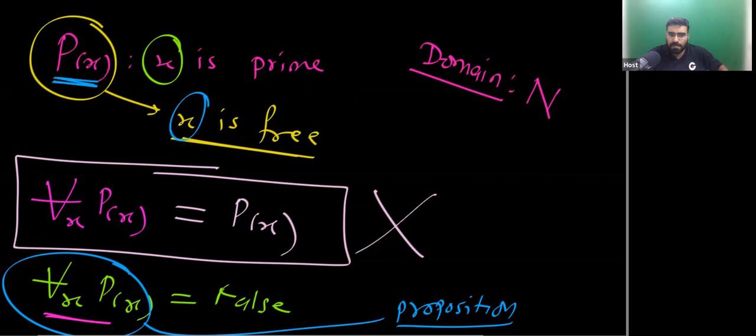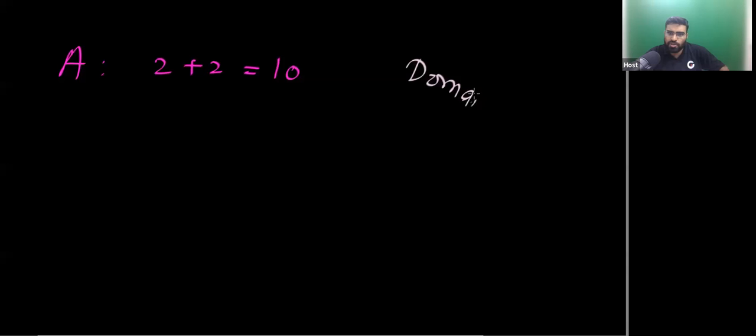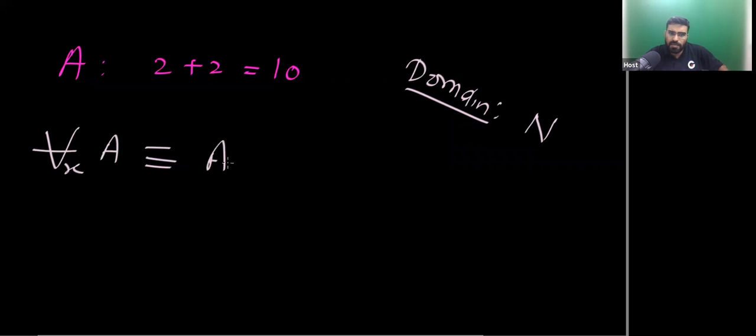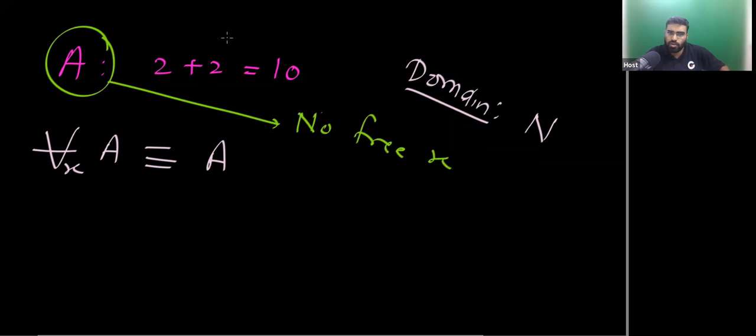Okay. Now you tell me one more point. If I give you this expression a, in this expression a, I am saying 2 plus 2 equal to 10. And let's assume the domain is a set of natural numbers. Now in this a, there is no free variable. There is no free x. So can I say this a does not depend on x?